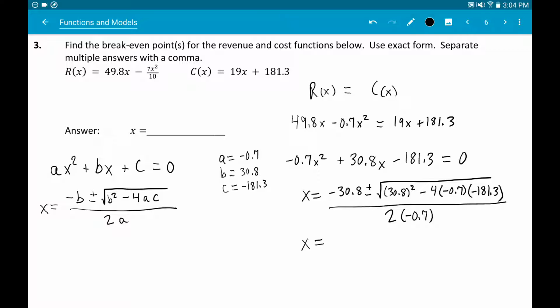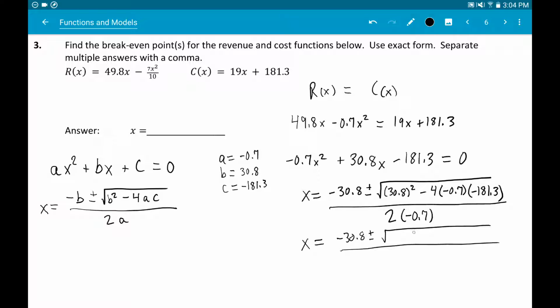And let's go ahead and get our calculator out and start simplifying here. So negative 30.8 plus or minus, let's work under that square root sign. So I've got 30.8 squared minus 4 times negative 0.7 times negative 181.3.